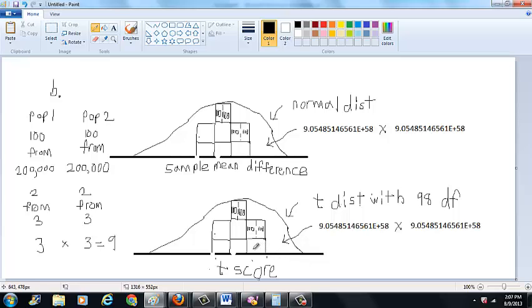We can go over here to our sketch in part C and label our test statistic, which was 11.11. The middle is 0. 11.11 would be somewhere toward the right end right here.